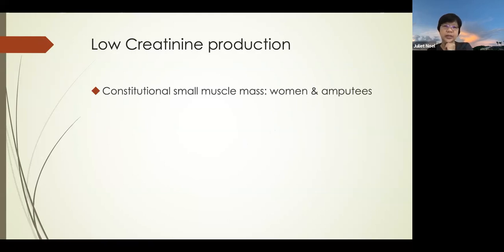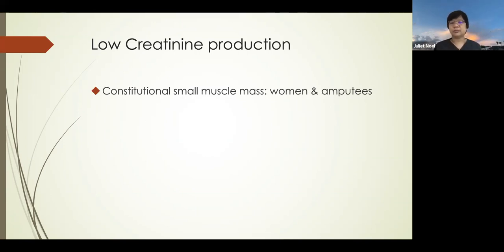In such patients you have to watch out: the normal creatinine is 0.6 to 1.2, but if you see a creatinine of 1.2 in an amputee, you have to investigate that the patient may probably have a kidney problem.